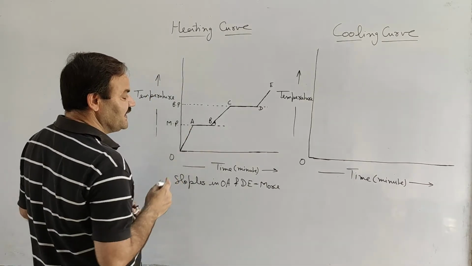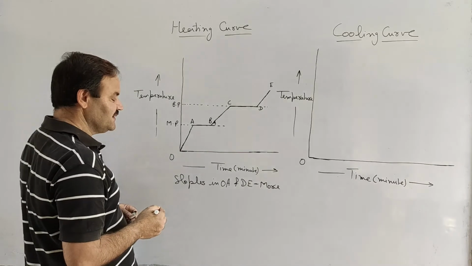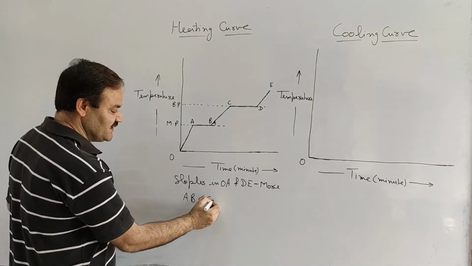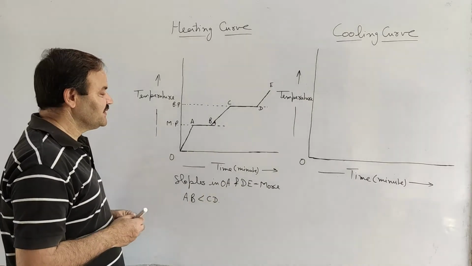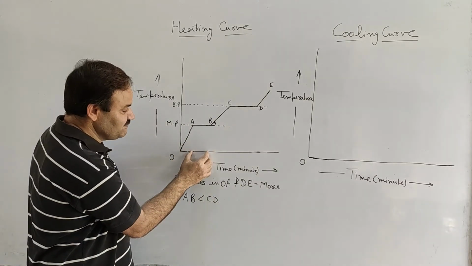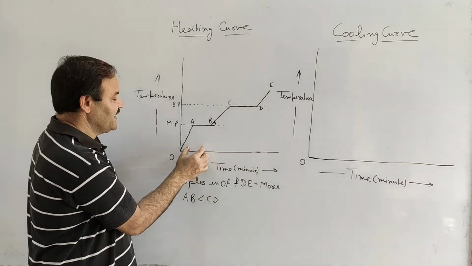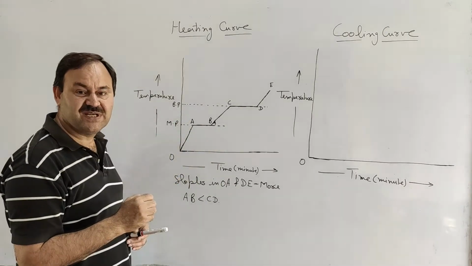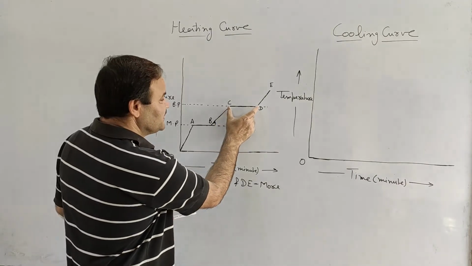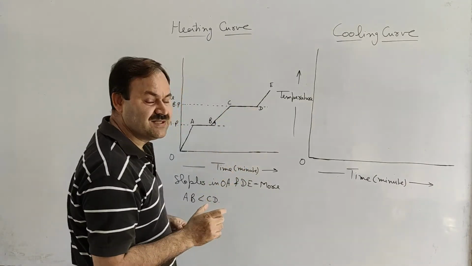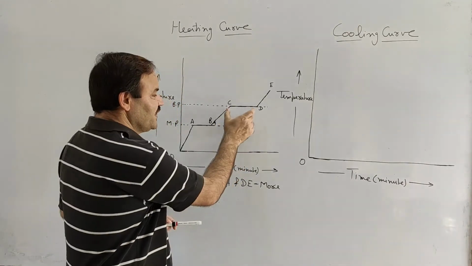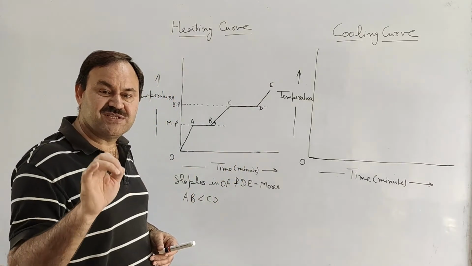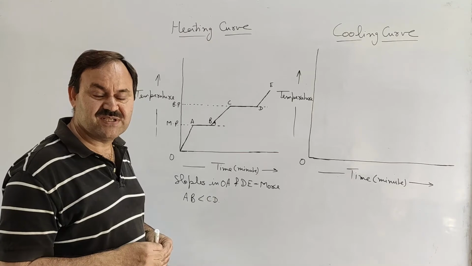If we compare the lengths of parts AB and CD, then AB is less than CD, again showing that less time is taken by the solid to change completely into its liquid state, while the part CD is comparatively larger, showing more time is taken by the liquid to change completely into its vapor state.